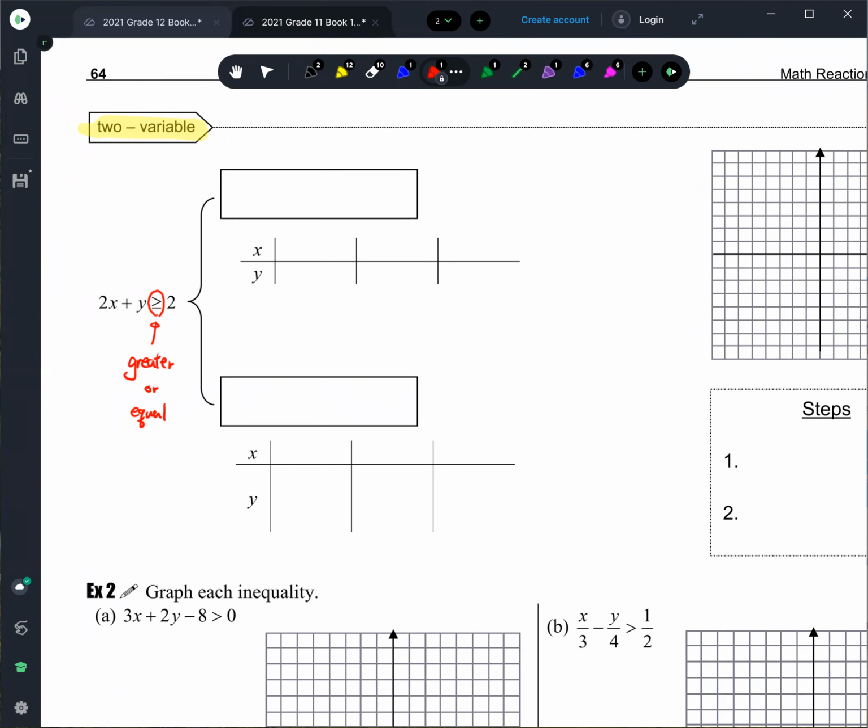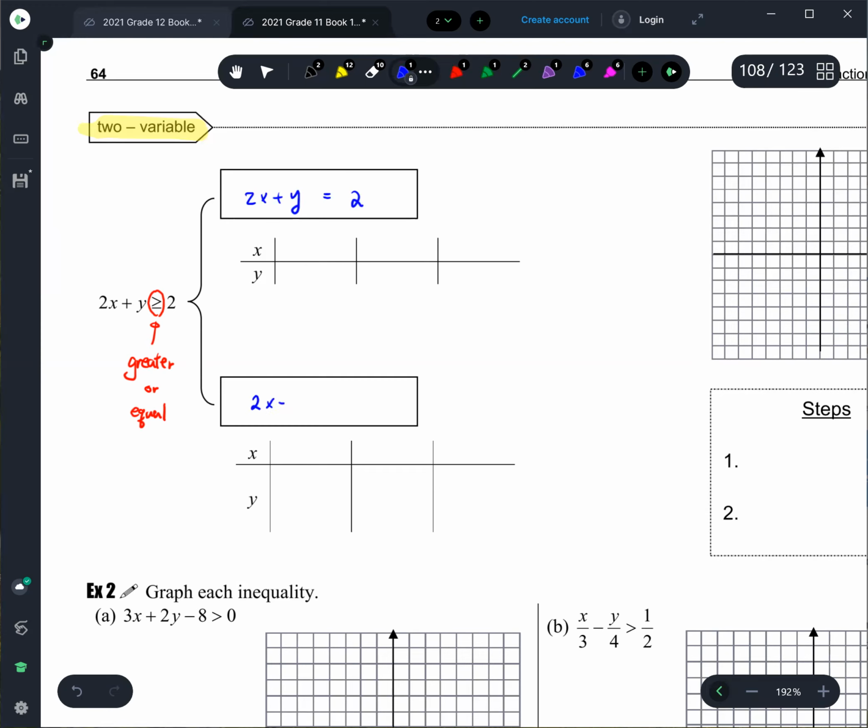We'll talk about the equal first: 2x plus y equal to 2. And then we'll talk about 2x plus y greater than 2. Combining them together will make the question. All right, so you can copy this into your box.